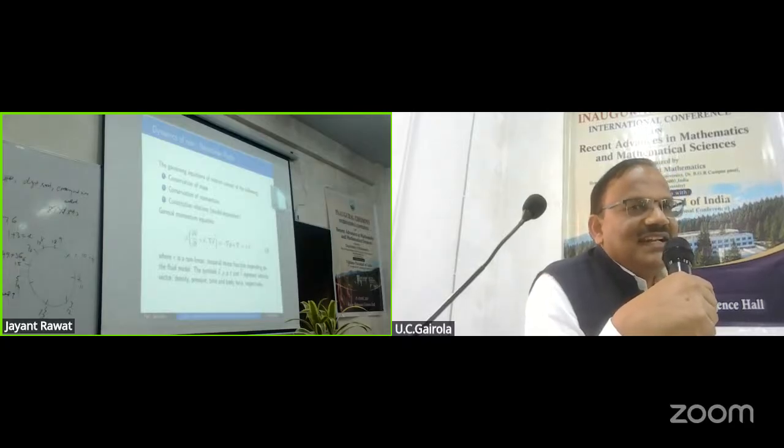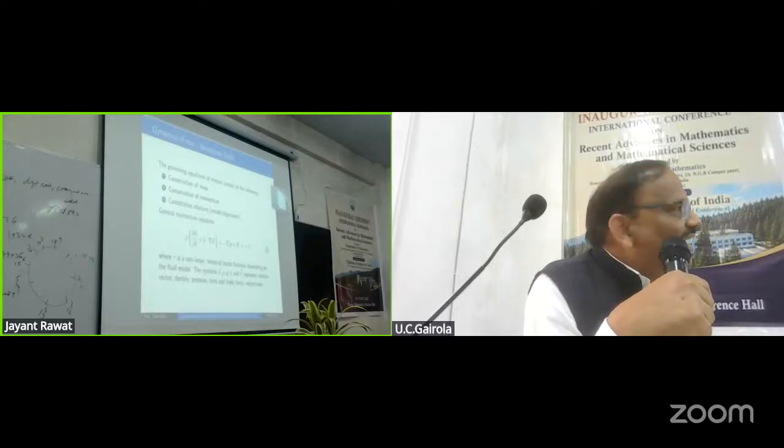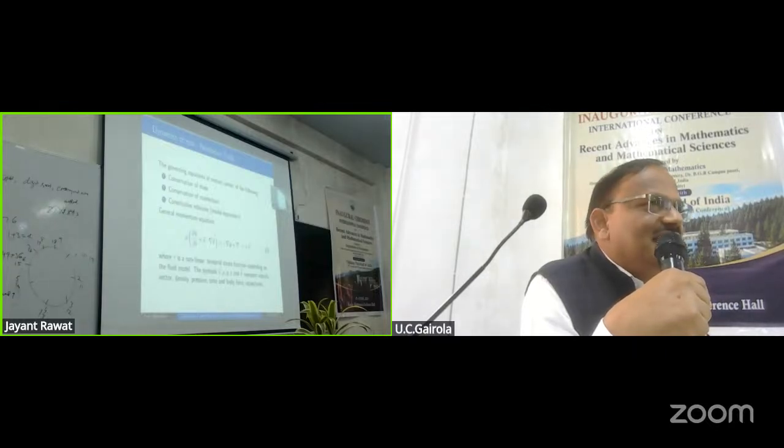So this general momentum equation is written here. The left side is the total inertia part. The first part is simply del V by del t, the local part. Then the convective part, V dot del V, creates the problem of nonlinearity, and that nonlinearity is related to the million-dollar problem.